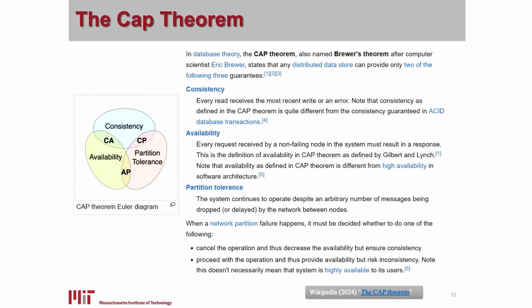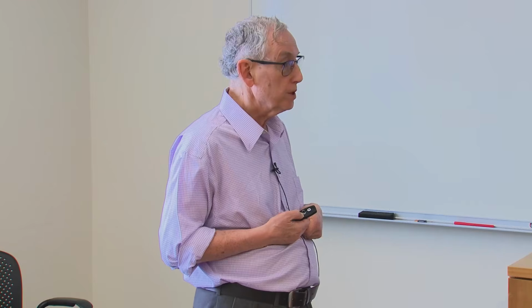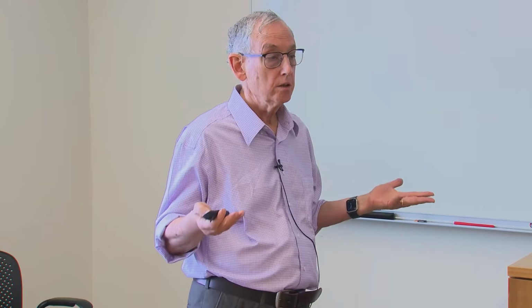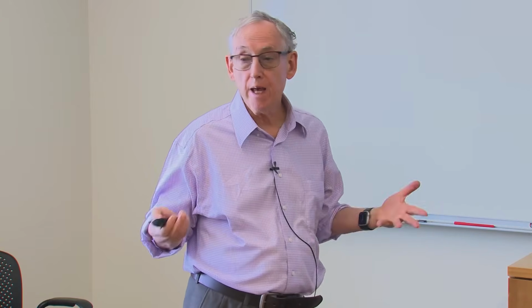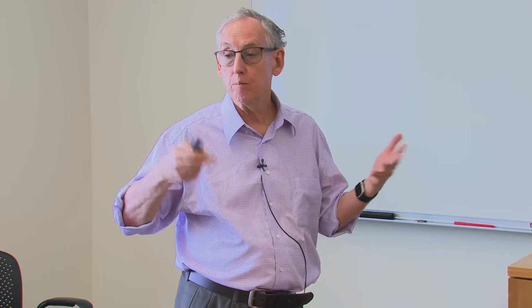Okay, so if you're going to allow the system to keep functioning, despite network failures, you have a hard choice. You could cancel the operation, which decreases availability, but ensures consistency. Whenever a query is made, anyone asking must get the same answer.